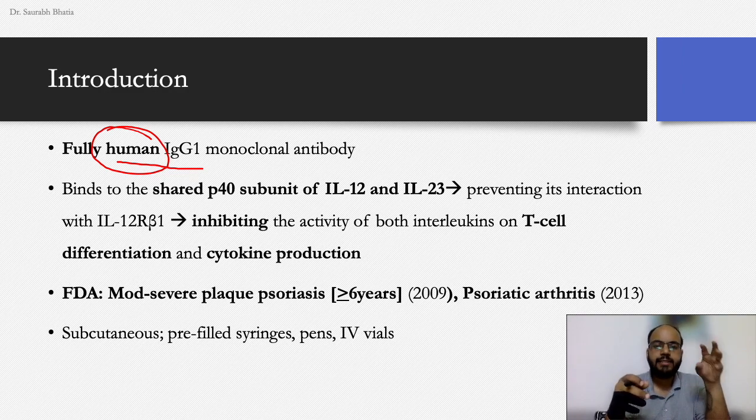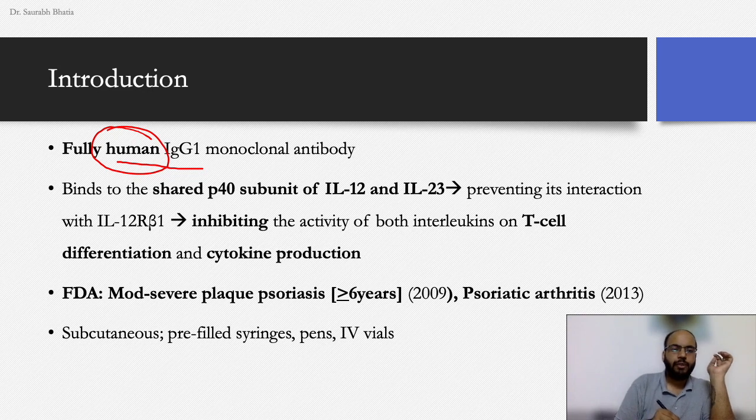Since the derivation is from human cell lines, it is a fully human IgG1 monoclonal antibody. If you want further clarification of what fully human antibody means, go back to last week's video on biologicals.